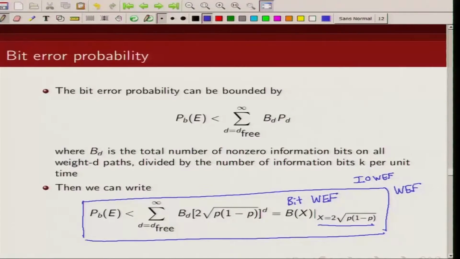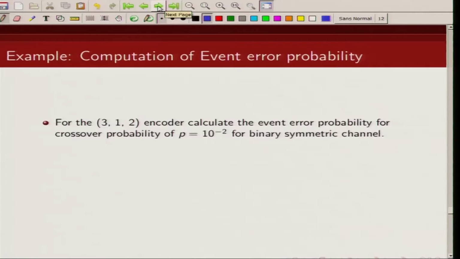Okay. Let us take an example to illustrate this. Let us consider the same encoder that we have considered. It is a rate 1/3, memory 2 convolutional encoder, a feed forward encoder, and what is given to us is that the crossover probability is 0.01. You are asked to compute the event error probability.